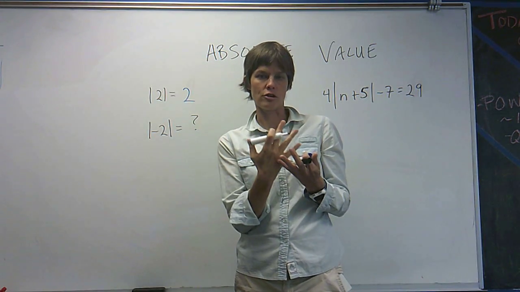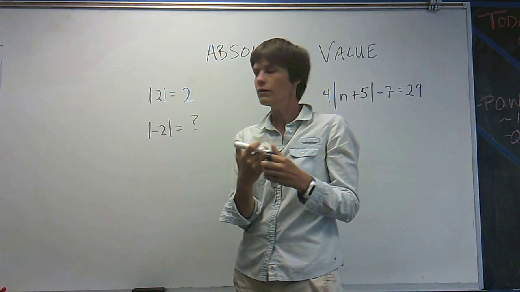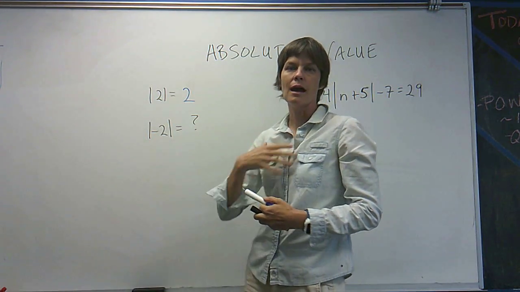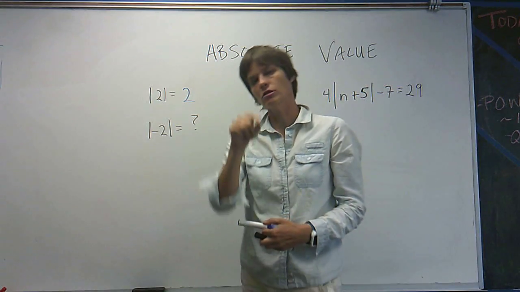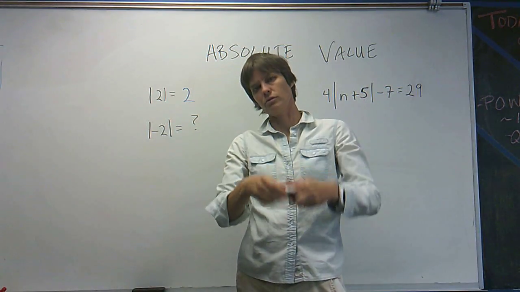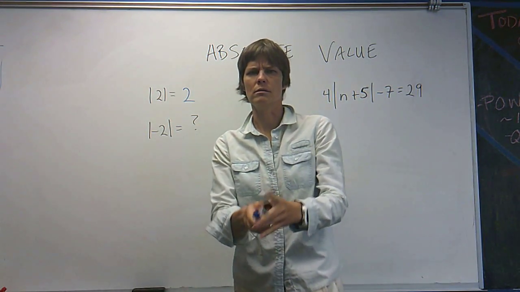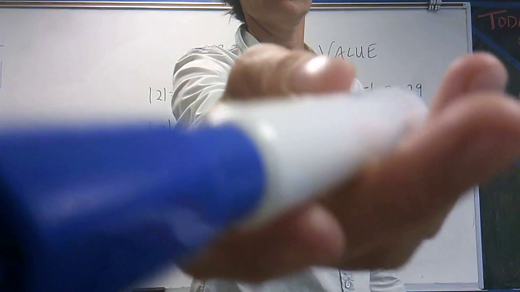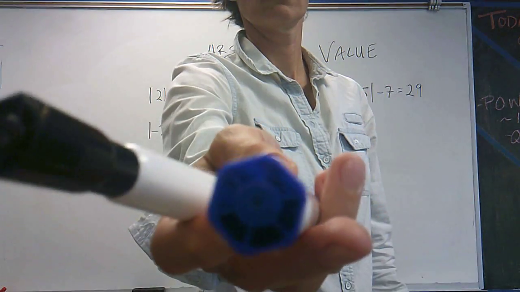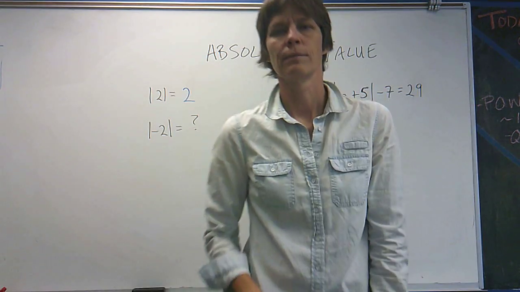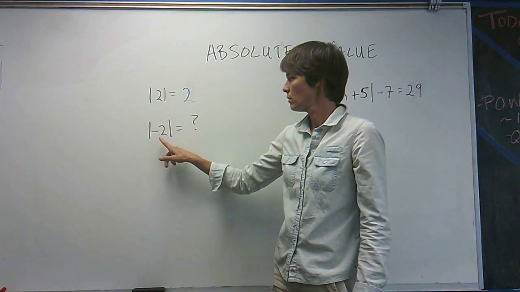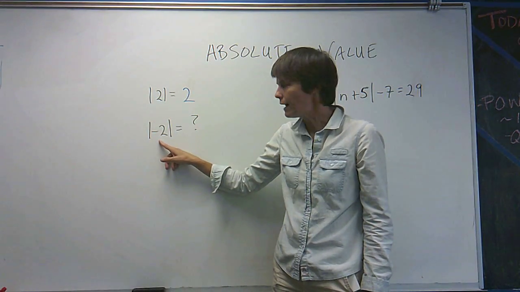I have 2 markers. Well, what if I give them to you? Now 2 markers are over there. They're in your world. Go ahead and pick them up. A blue and a black. You have them now. But what's the value of this negative?